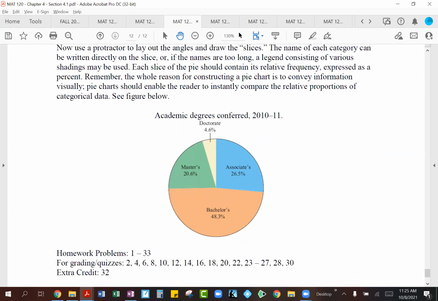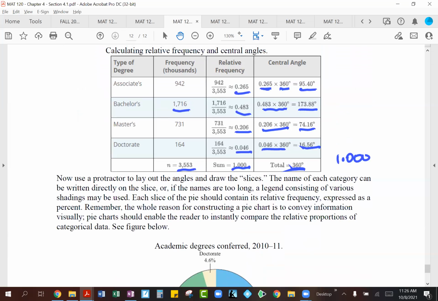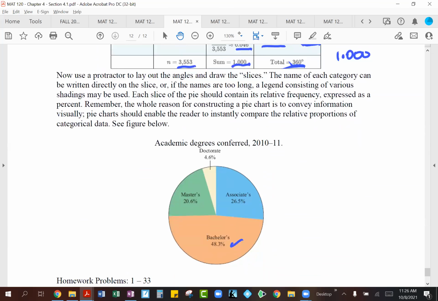But once you get that set up, you can see again, the biggest chunk of our pie chart goes to our bachelor's degree, because we know that's where we had the highest frequency, and that's where you had the highest relative frequency also. So that's approximately 48.3% of these 3,500 students who got a bachelor's degree in the year 2010-2011.